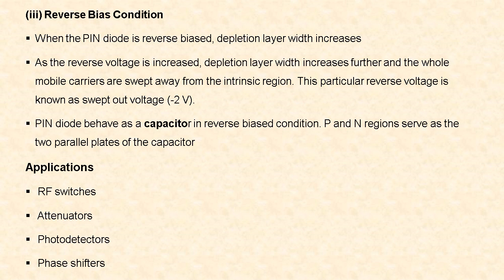This particular reverse voltage at which the mobile carriers are swept away is known as swept out voltage, and usually its value is minus 2 volt. In the reverse bias condition, the PIN diode behaves as a capacitor. The P and N regions serve as the two parallel plates of the capacitor.